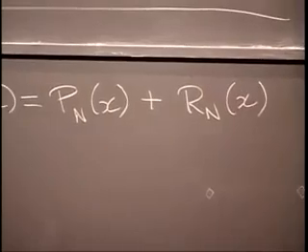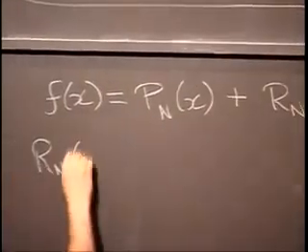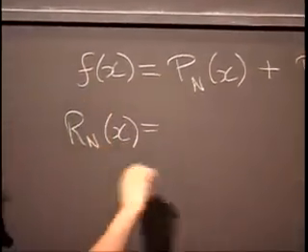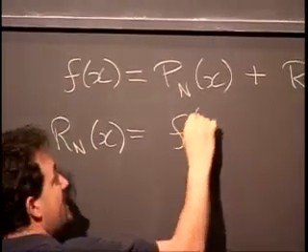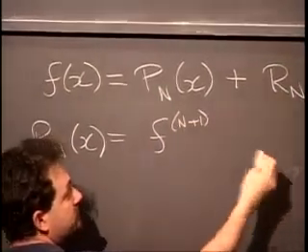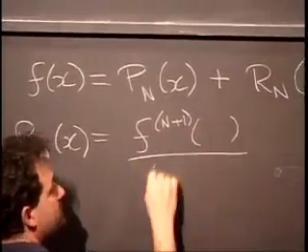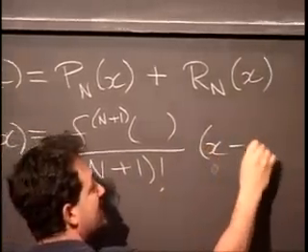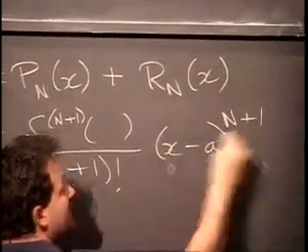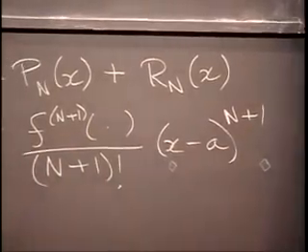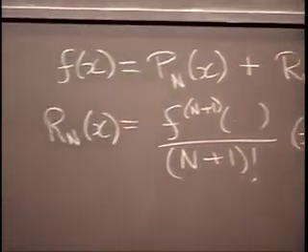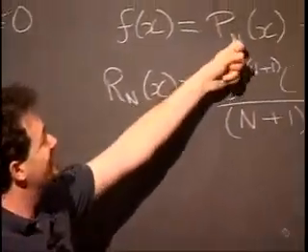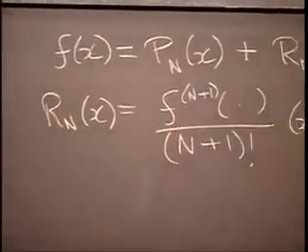And Rn is given by, and this is the real content of the theorem, the n plus 1th derivative over n plus 1 factorial times x minus a to the n plus 1. If you just plugged in a there, you'd get the next term of the Pn, the highest degree term of Pn plus 1.